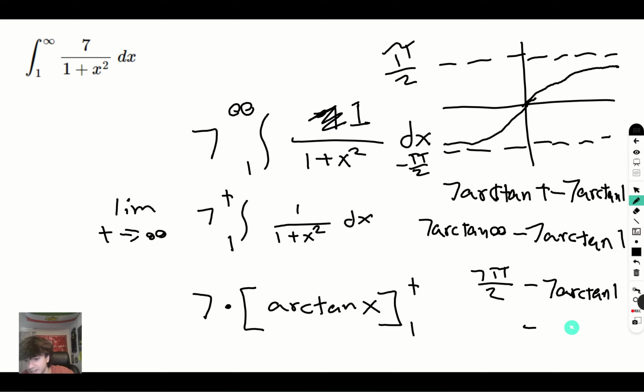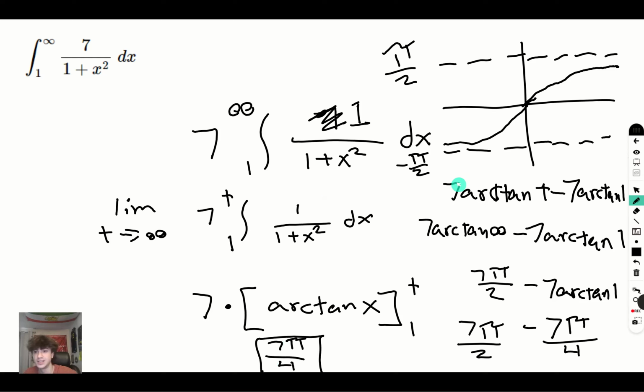So we get minus 7 pi over 4. So 7 pi over 2 minus 7 pi over 4 gives us the final answer of 7 pi over 4, meaning that the value of this summation, the area under the curve as the graph approaches infinity, is going to be 7 pi over 4.